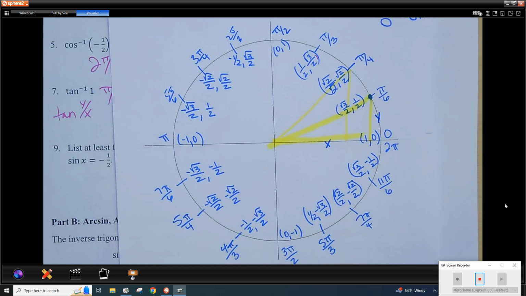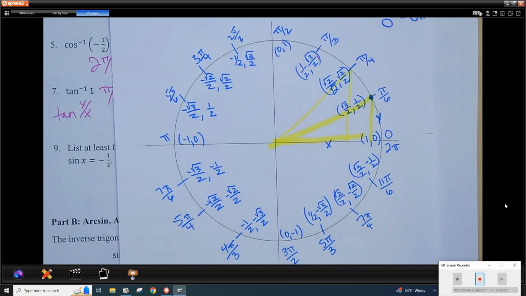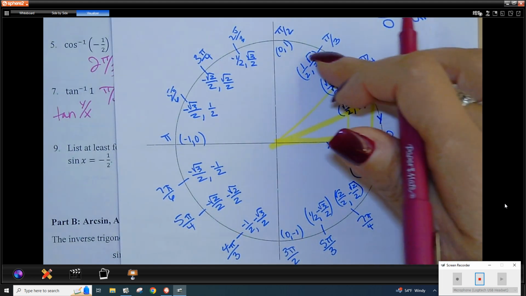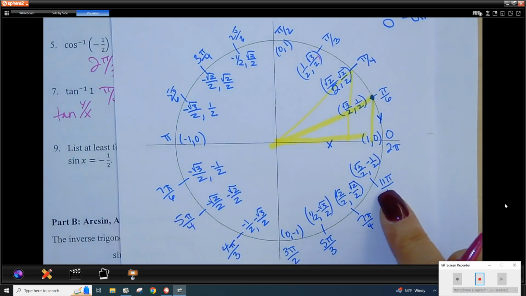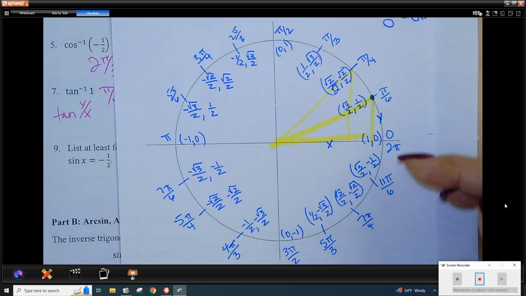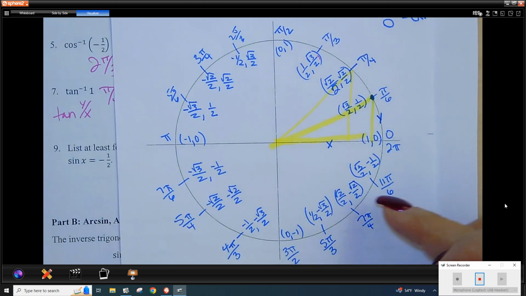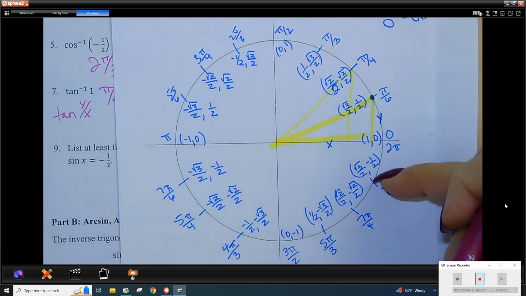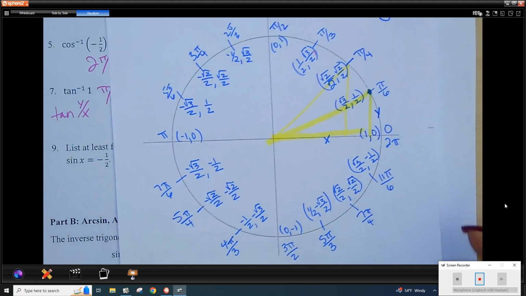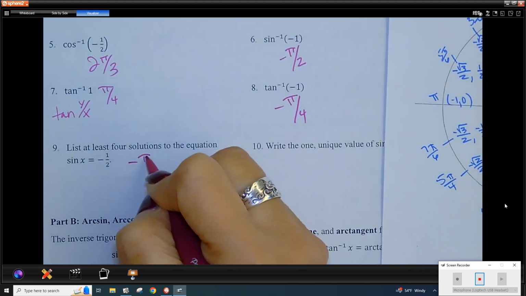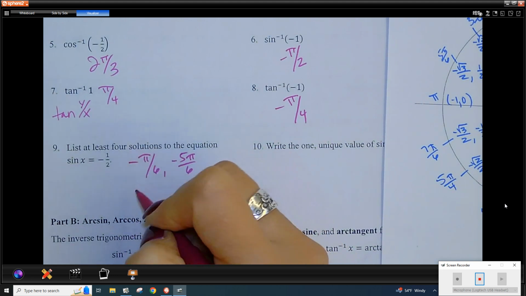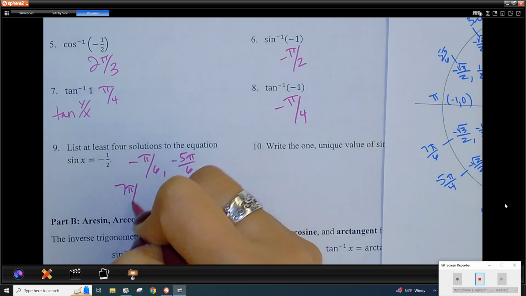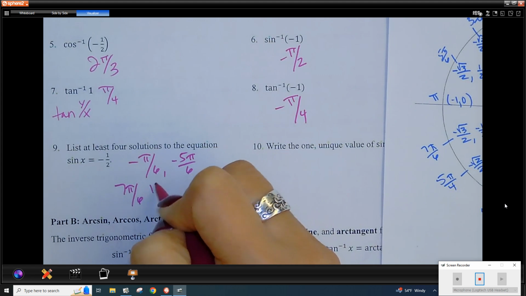This is not in our specific place for sine. We could do negative 1/2 for y. There's one right there, there's one right there. We could also do negative pi over 6, negative 5 pi over 6, and then 7 pi over 6 and 11 pi over 6.